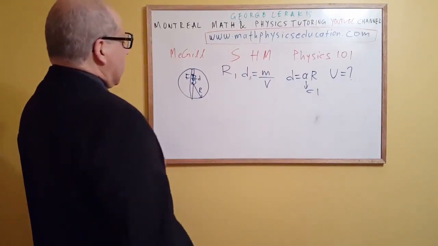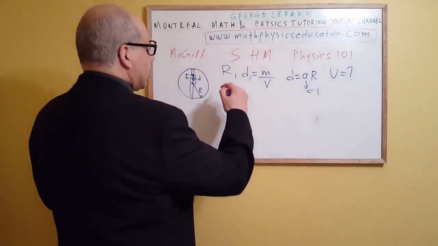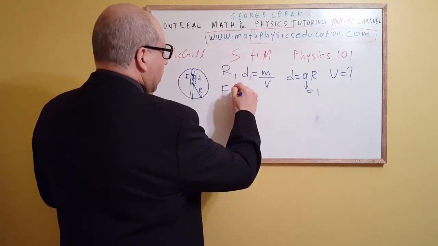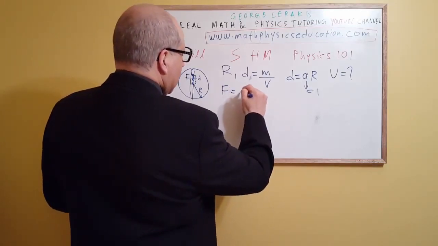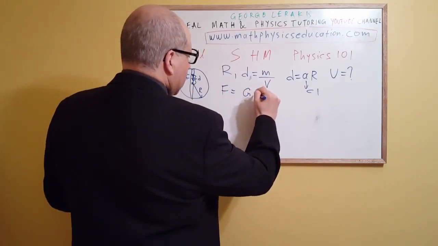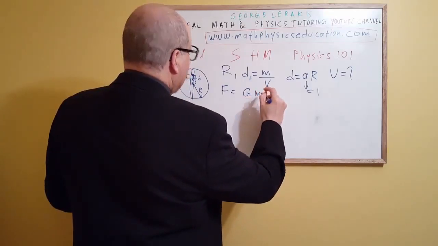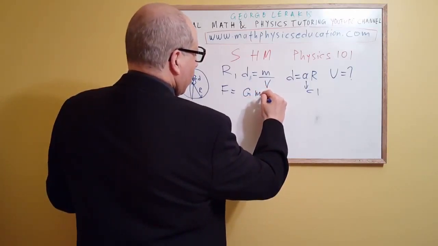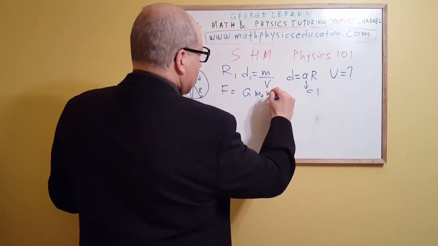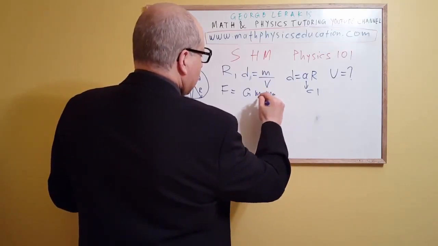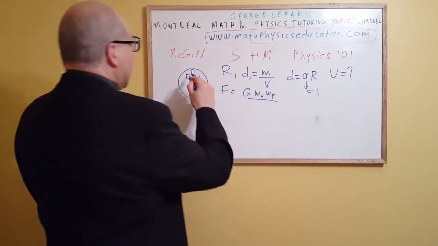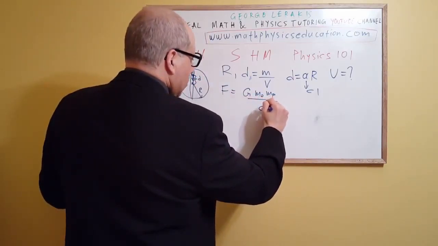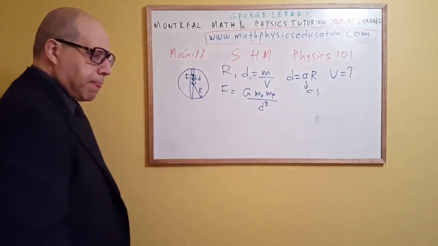And what will this force be? This force will be equal to G times m of the object times M of the planet over the distance, which is d, squared.